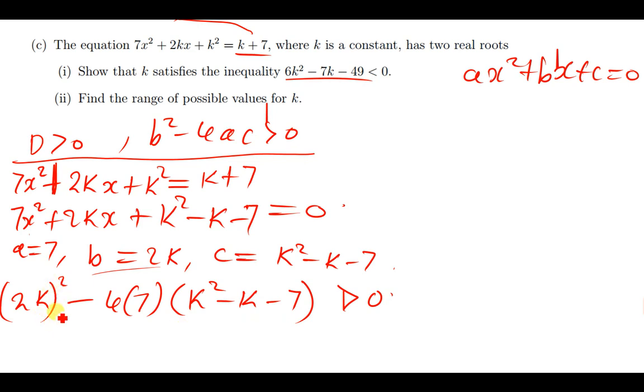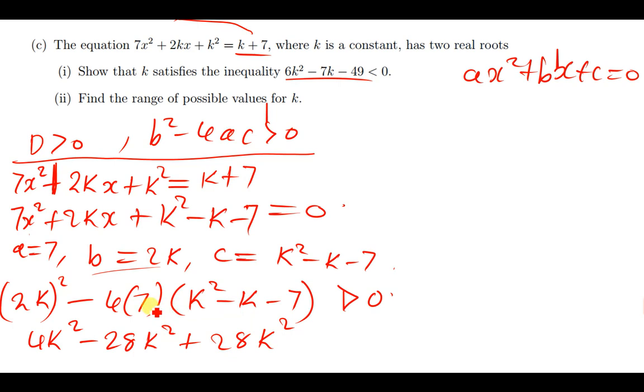So let us simplify this. Simplifying this, 2k squared will be 4k squared. Then 4 times 7 is 28, so this is negative 28. Negative 28 times k squared gives negative 28k squared. Then negative 28 times negative k gives positive 28k.